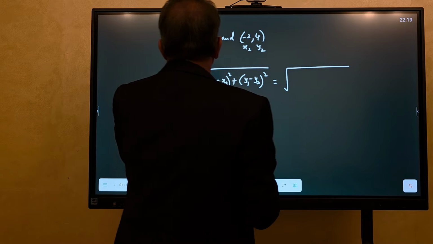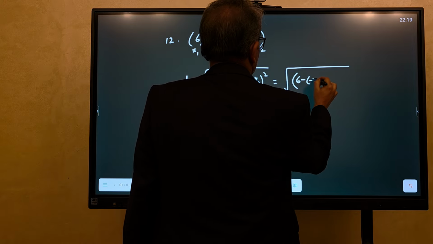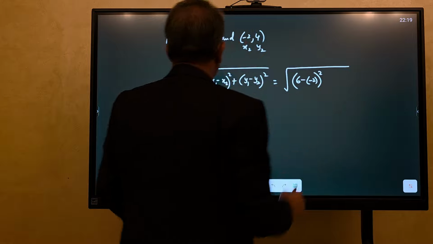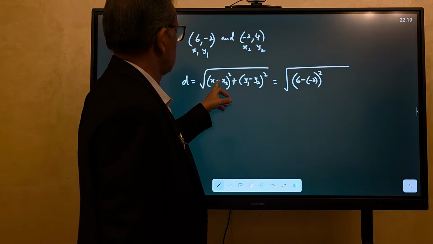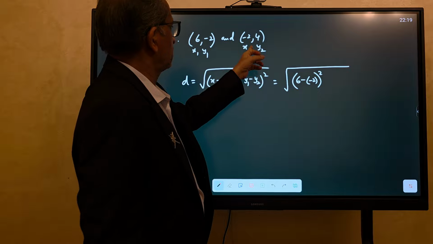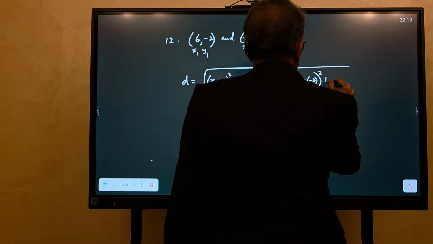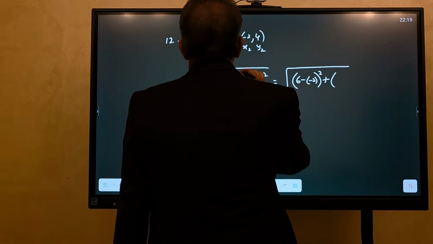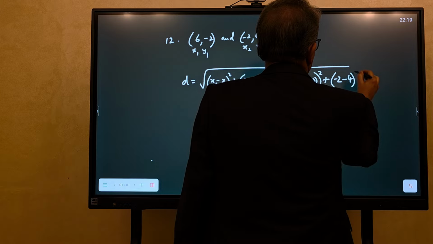Under the root, what is x1? It is 6 minus of minus 2, square. You see, 6 minus of minus, because this is already minus here and x2 is minus, so there are 2 minuses here. But between the brackets is plus. y1 is minus 2 minus 4, square.